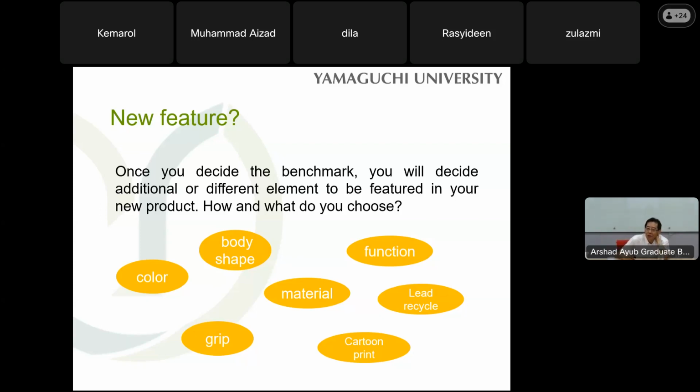Just imagine if you are fully responsible to decide which benchmark you will choose and which additional element you will feature in your new pen. How do you decide? The same is true with your research process. You may specify one paper as a benchmark, and you have to decide one additional new feature which you will add to the benchmark, and that will be your research program.